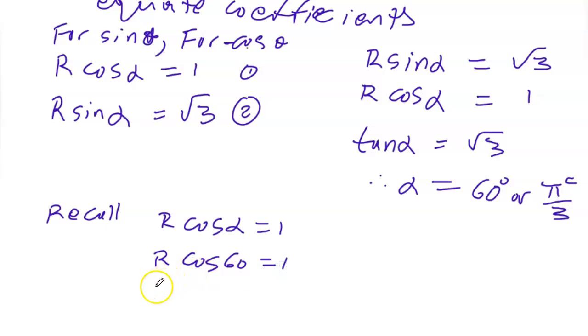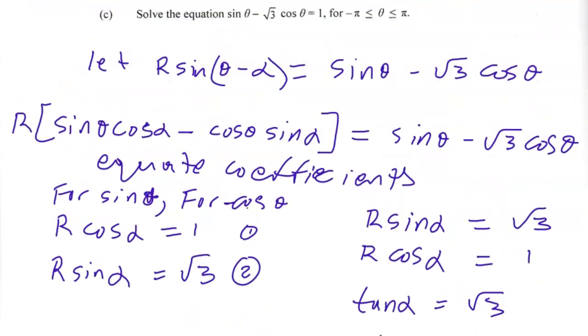Now cos 60 is a half, so half r is equal to 1. If we times both sides by 2, then r is equal to 2. Recall that r sin theta minus alpha is equal to all of this.